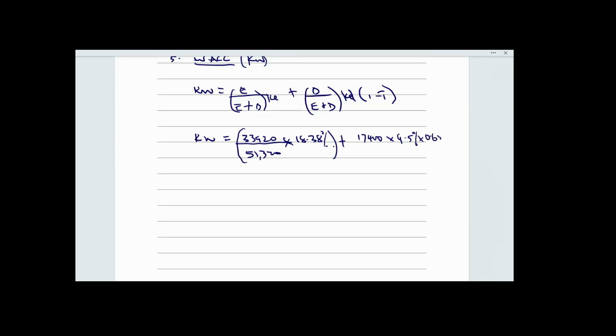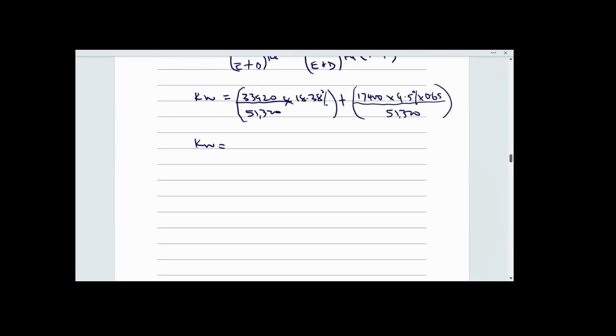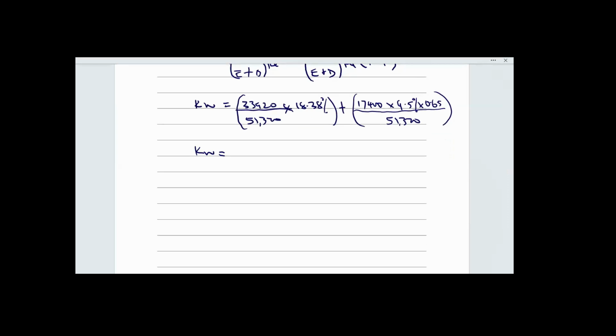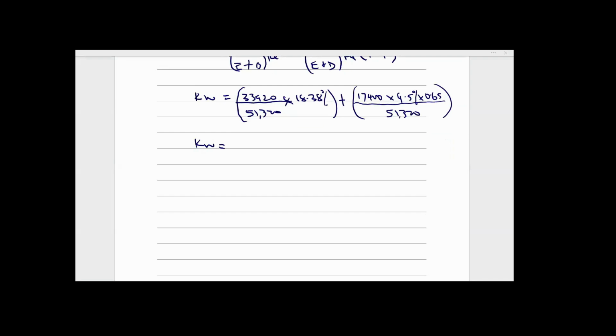Multiplied by after tax, 1 minus tax, over 51,320 total value. So from the left to be 33,920 divided by 51,320 equals 12.15%.